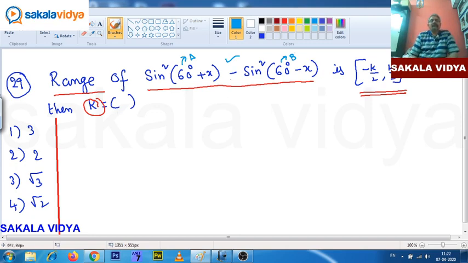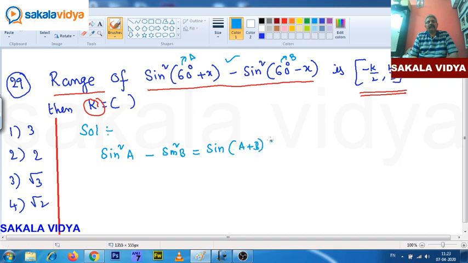So let us use it now. See the solution. So we have the formula sin square A minus sin square B, this is the hint, equal to sin of A plus B into sin of A minus B. So you remember this one.